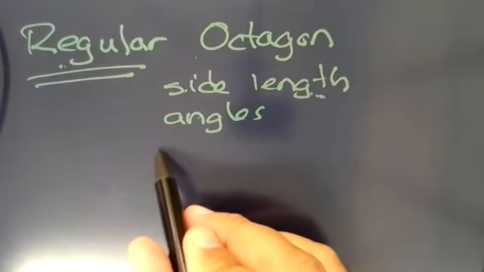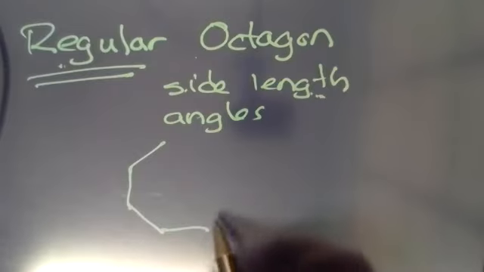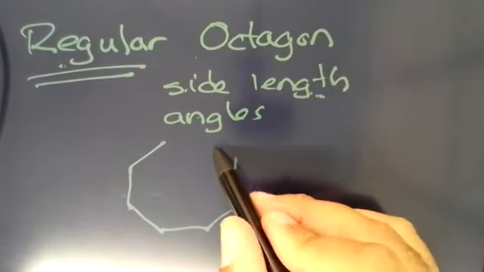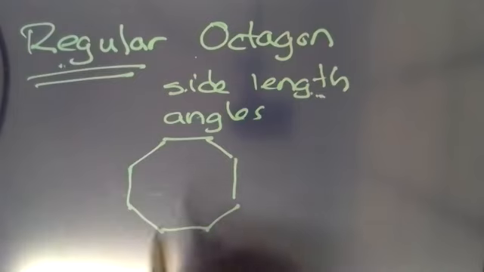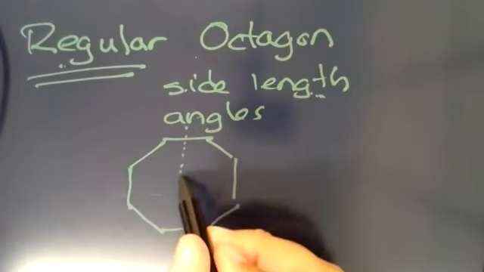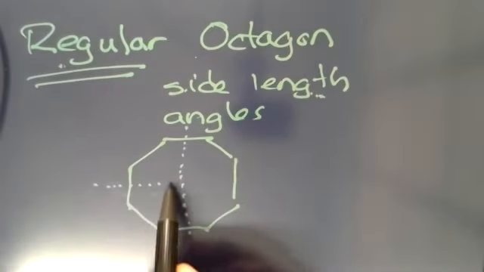So let's say I'm going to draw it out. I'm going to try my best. It looks kind of ugly, but you guys get the idea. That's the octagon we're talking about here, okay? In order for us to do this, we need to find out how many lines of symmetry this octagon has. Well, I could do one here in the middle. That's one. I could do this one here.